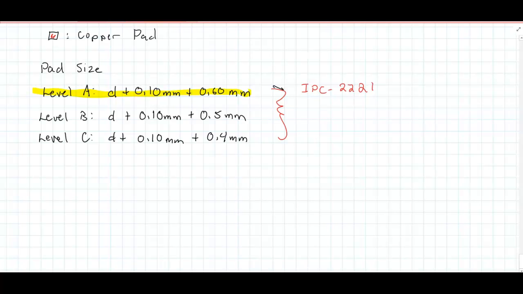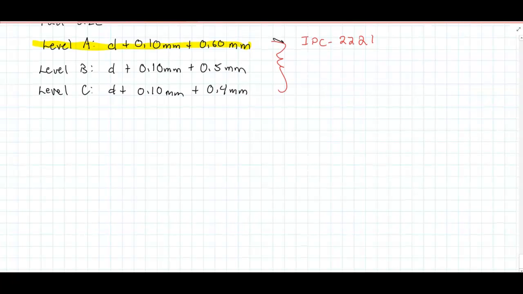So, before we do these standards here, let me give you a little bit more information about level A, B, and C here, because I said it depends on the application. And so let's look at level A. These are referred to as density levels.